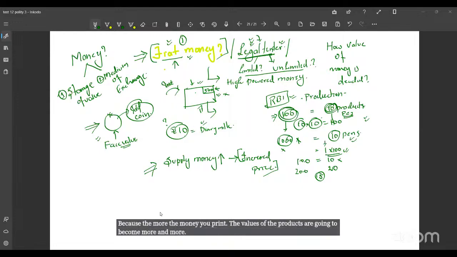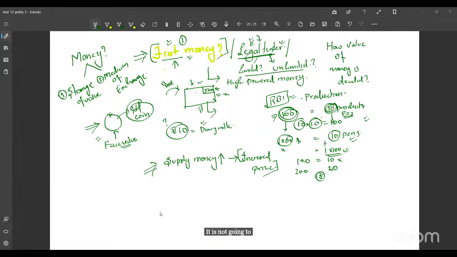It is not going to improve the standard of the people. Are you getting the point? புரியுதுங்களா?